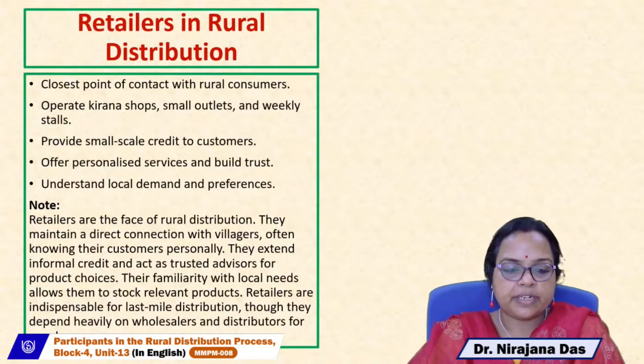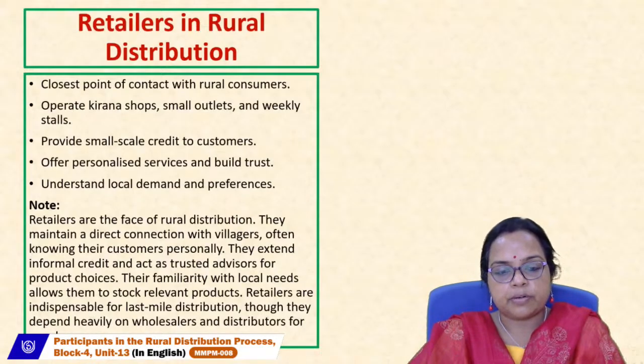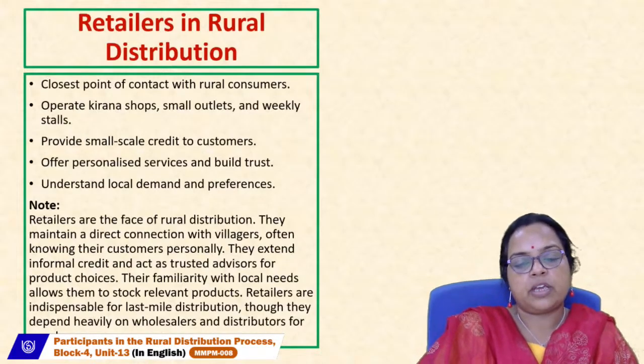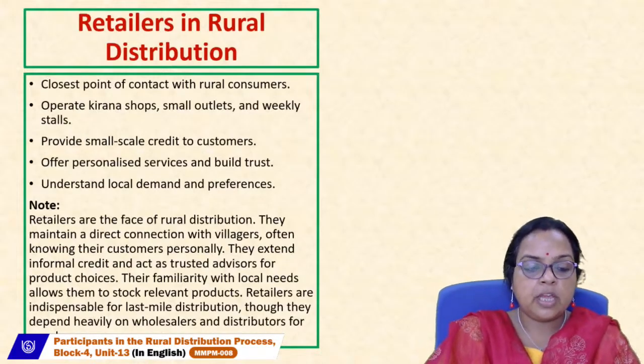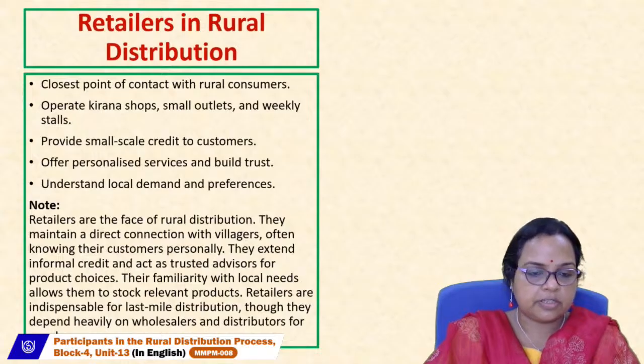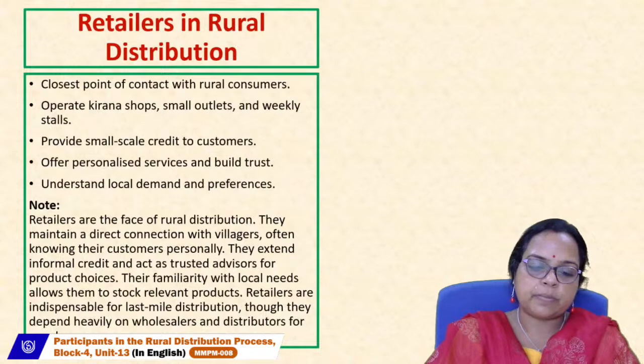So they extend informal credit and act as advisors for product choices. The villagers depend on them for their product choice or buying decision because they trust them. Their familiarity and closeness with local needs allows them to stock relevant products. Retailers are indispensable for last mile distribution, though they depend heavily on wholesalers and distributors for supply.